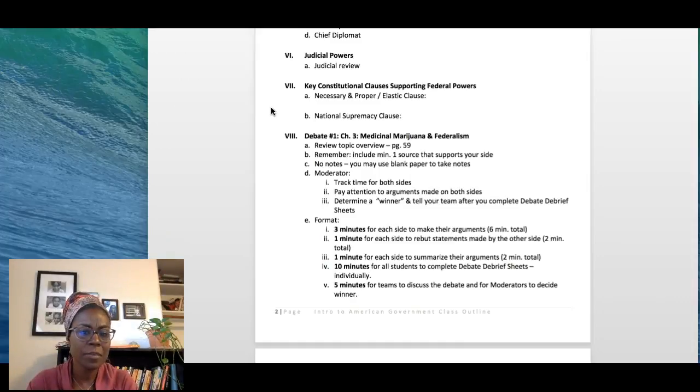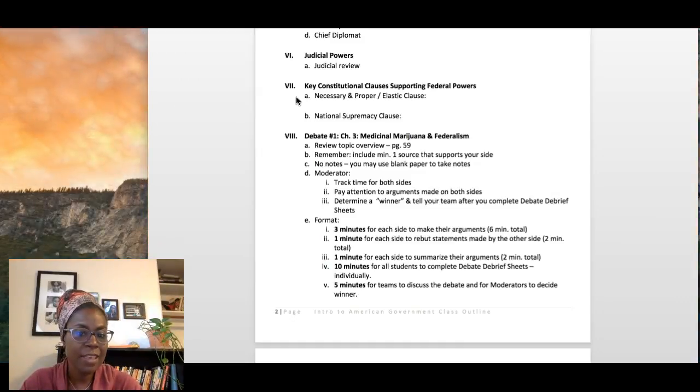So now thinking about some of the clauses in the Constitution that are actually used a lot to support federal powers. The first is the necessary and proper, or it's also called the elastic clause. And this is in Article 1, Section 8. Article 1 of the Constitution focuses all on Congress.